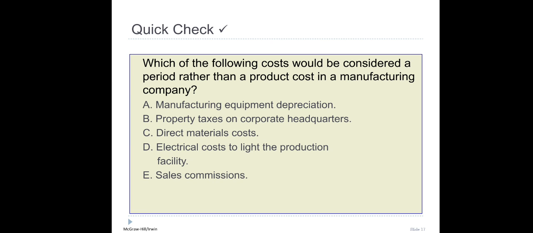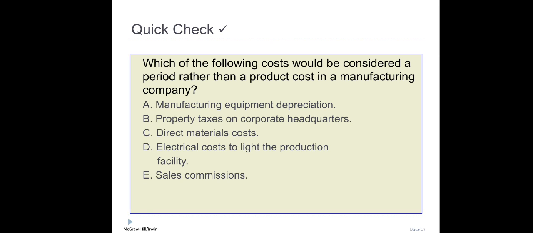Okay, this is a sample, like a quick check or exercise. The most important thing in this cost category is, if I give you a list of, let's say, 10 costs, you have to know which one is a manufacturing cost, which is a non-manufacturing cost, which is a product cost, and which is a period cost. So let's see this picture.